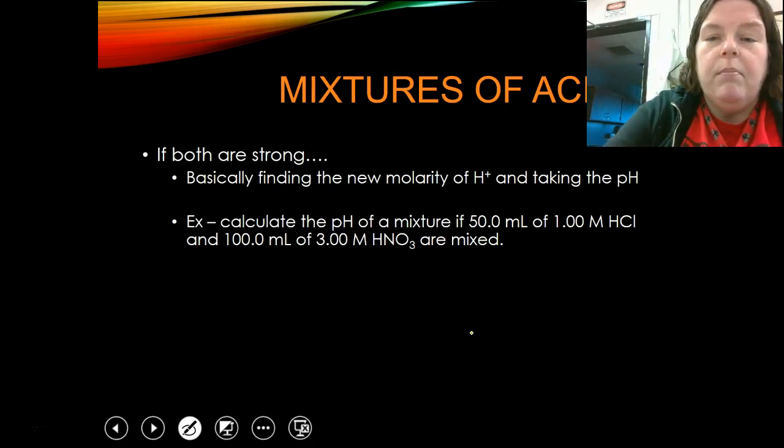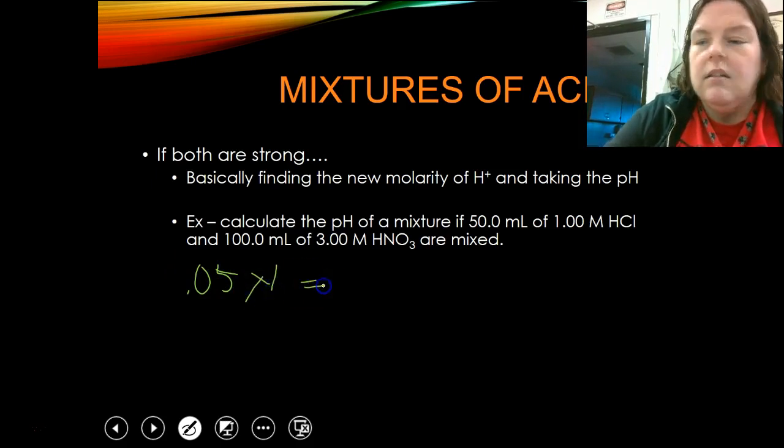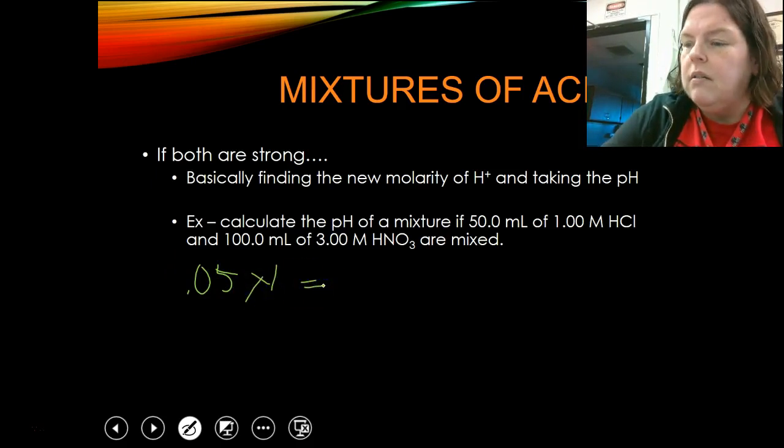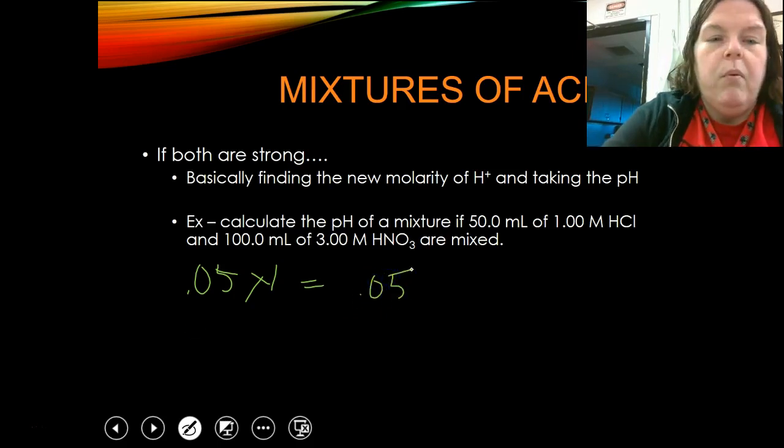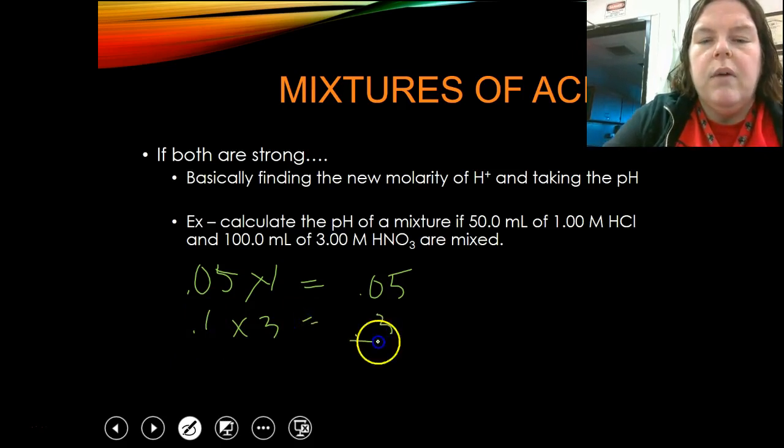Well, we take 0.05 times 1 and we get 0.05, and then we take 0.1 times 3 and we get 0.3, and so we have a total number of moles of 0.35. We divide that by 0.1. Why?